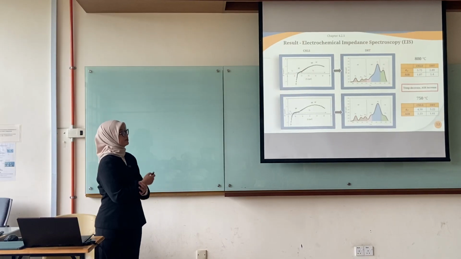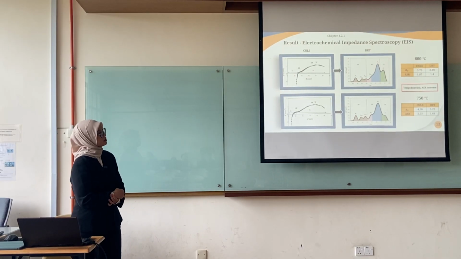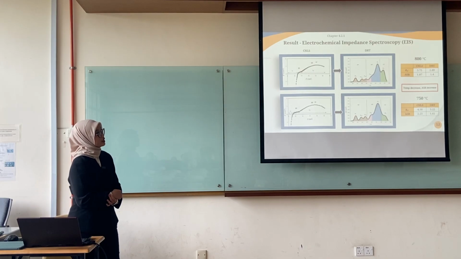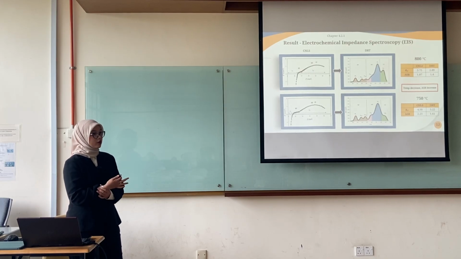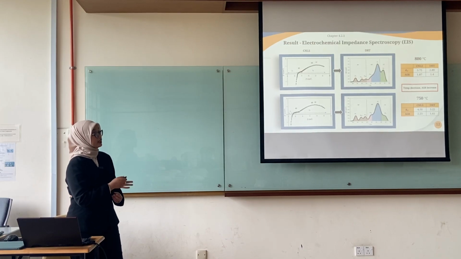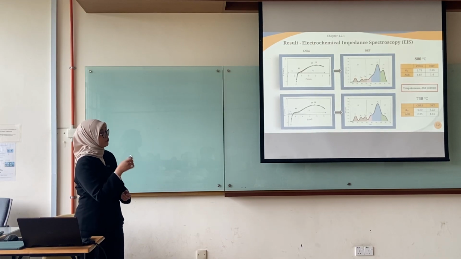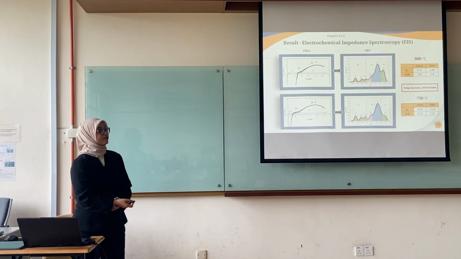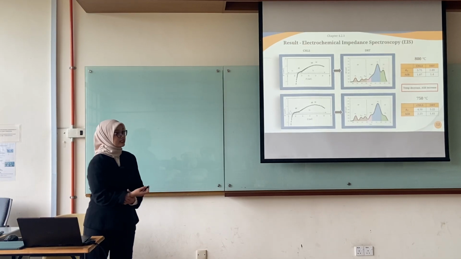Okay, I have a question for this slide. Why did you choose only 750 and also 800? Because I just took 2 of the 4 temperatures that I researched to make it clearer that all 4 temperatures have the same proportion, where it shows that as the temperature decreases, ASR increases. What is the ASR? Area specific resistance.